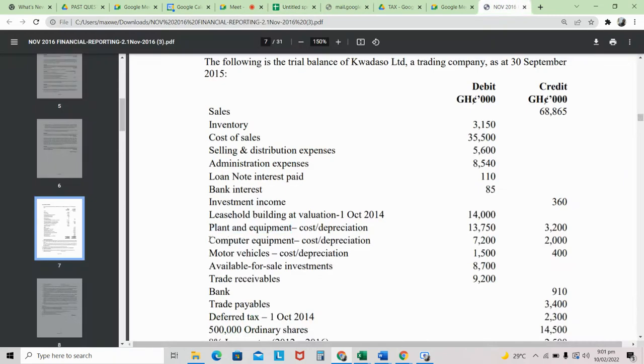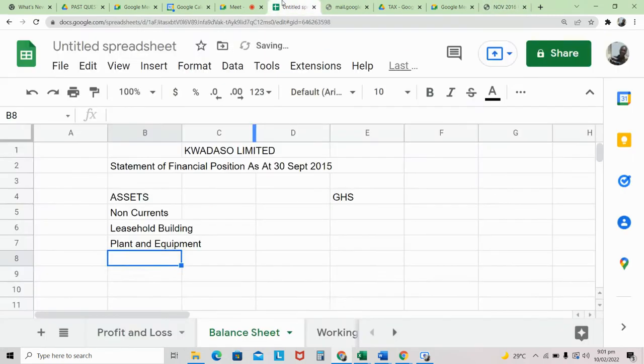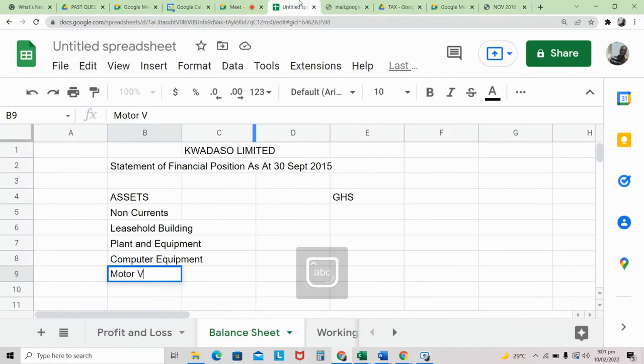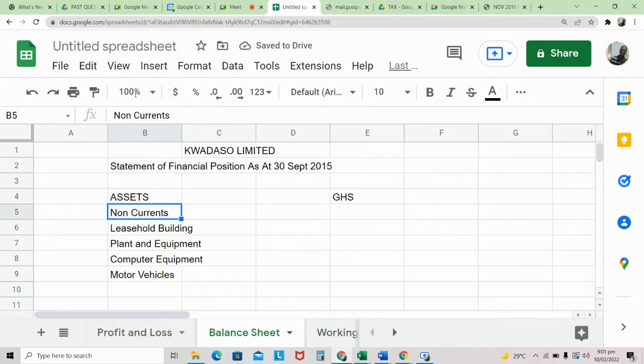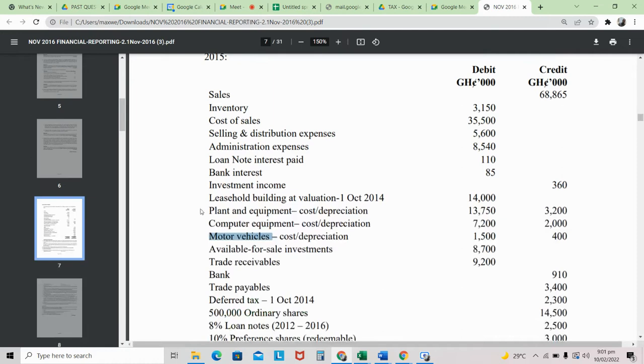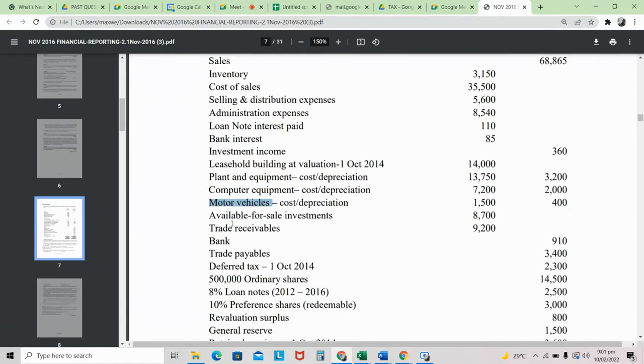We have computer equipment. Then what else? Motor vehicles. Okay, so these are the non-current assets. Are they all okay?